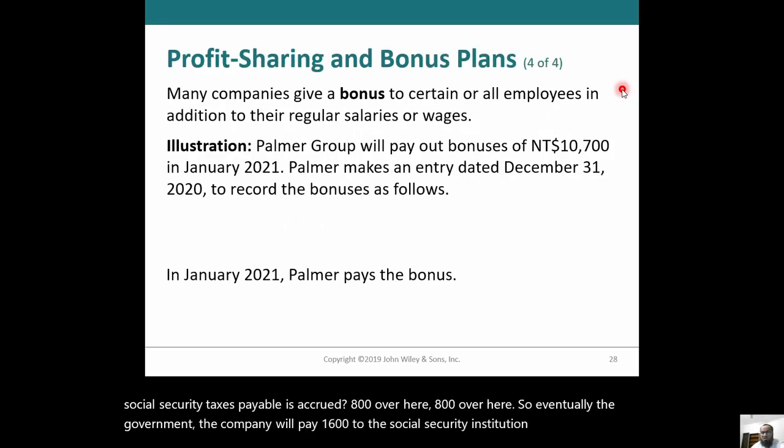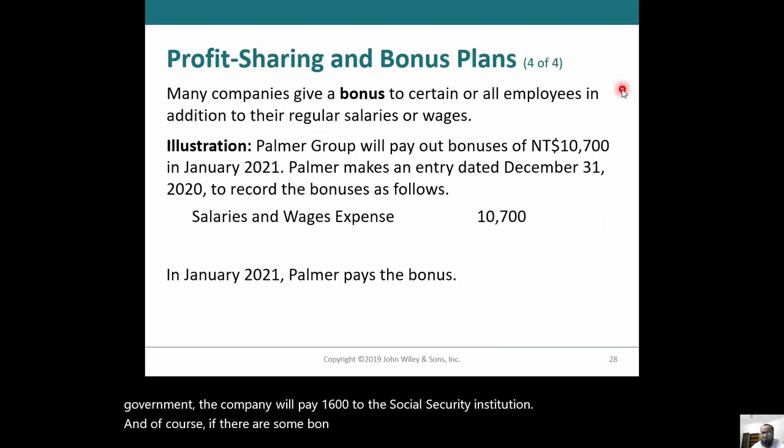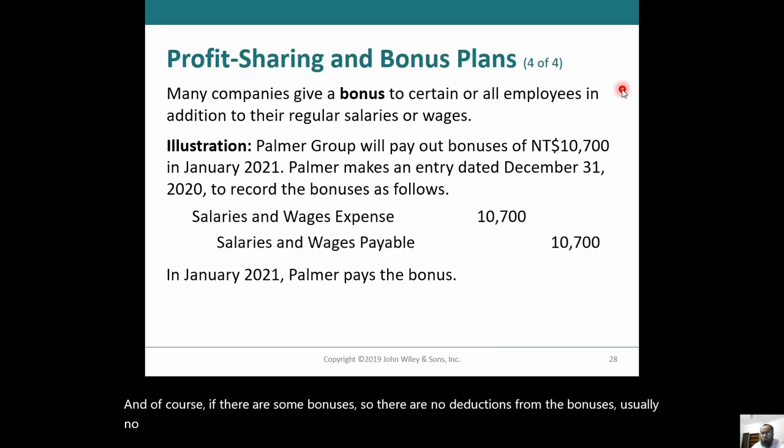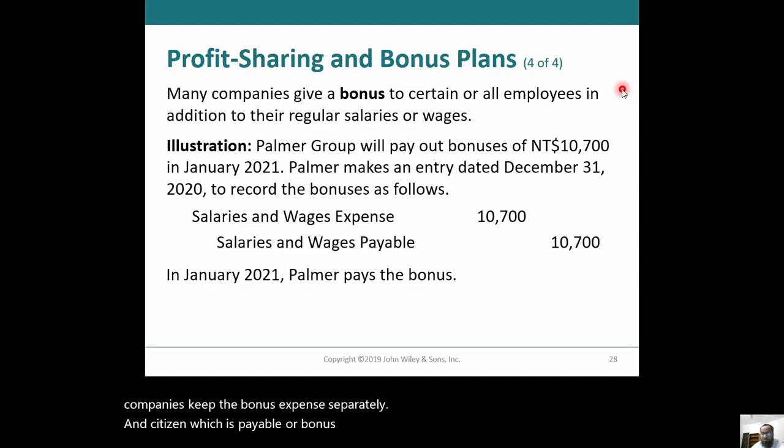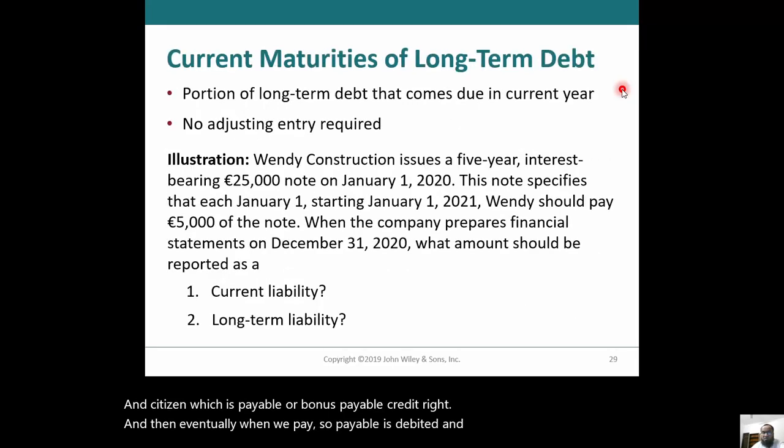And if there are bonuses, there are usually no deductions from the bonuses. So salaries and wages expense or bonus expense, sometimes companies keep the bonus expense separately, and salaries and wages payable or bonus payable is credited. Then when we pay, payable is debited and cash is credited.